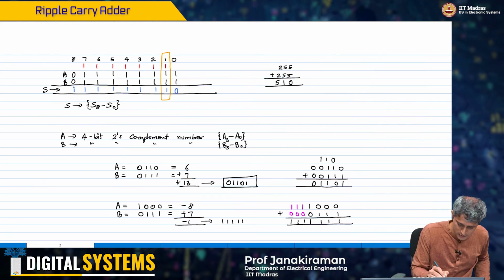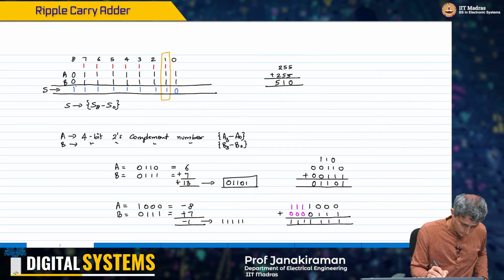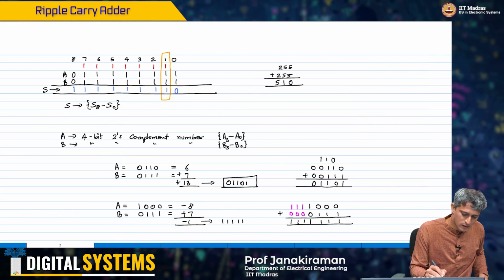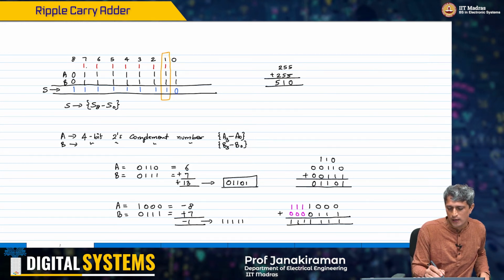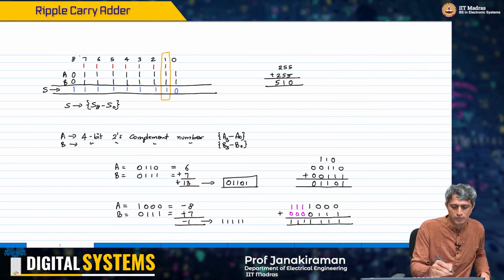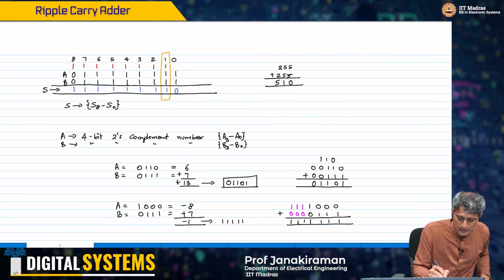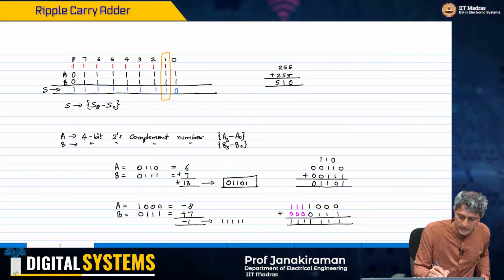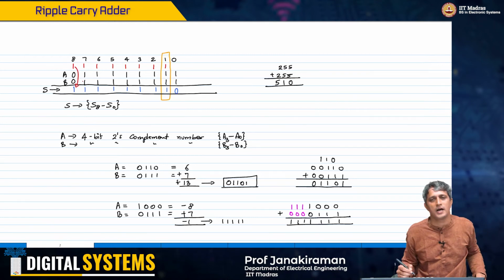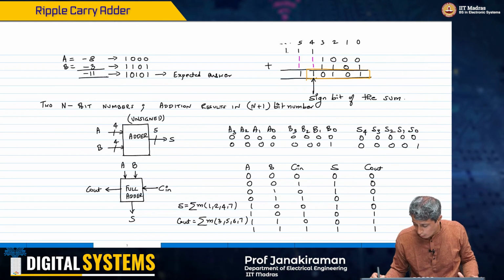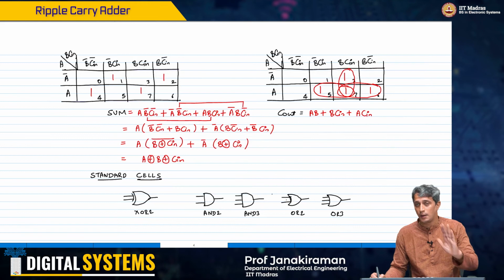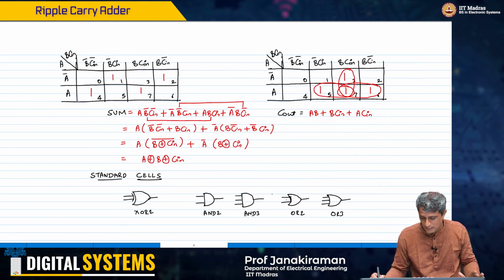If you look at this, you would add in bit position 7, you add 1 plus 1 plus 1, that 1 comes up, and that appears here because you have sign extended this, and you will get the answer here. For now we are talking about the unsigned adder.